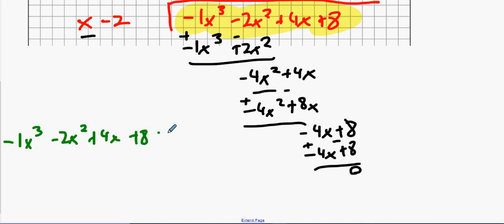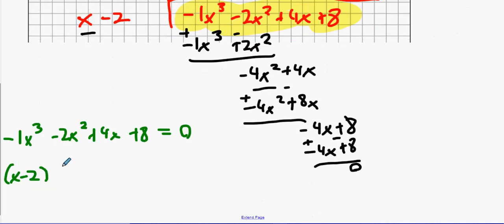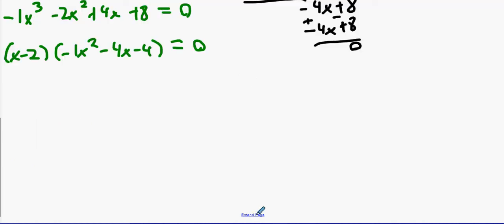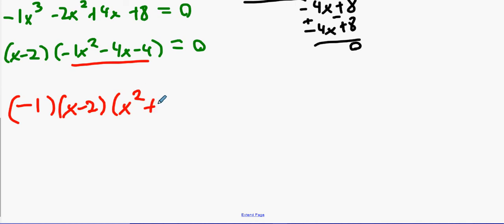Because we're saying that this is actually the exact same as x minus 2, and then minus 1 x squared minus 4x minus 4. Okay? Now, what I'm going to do is factorize out the minus 1. See the way they're all negative? So I'm going to have it as minus 1 multiplied by x minus 2, and then this part is going to be x squared plus 4x plus 4.